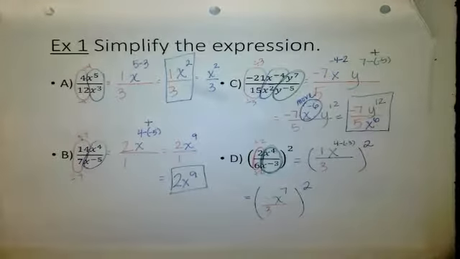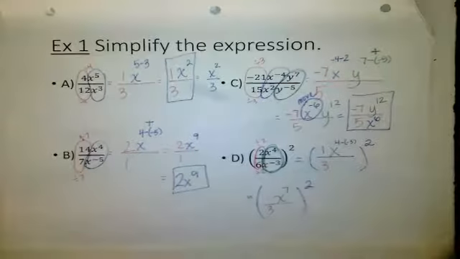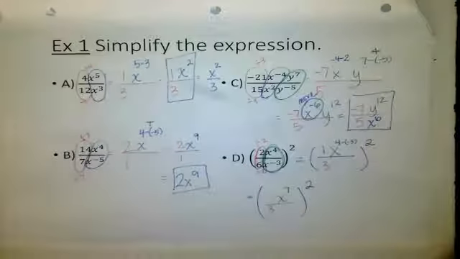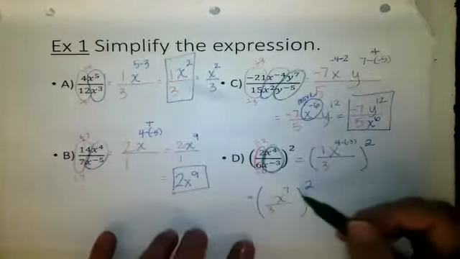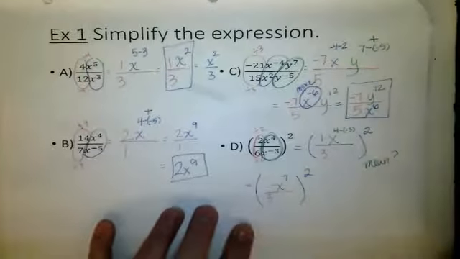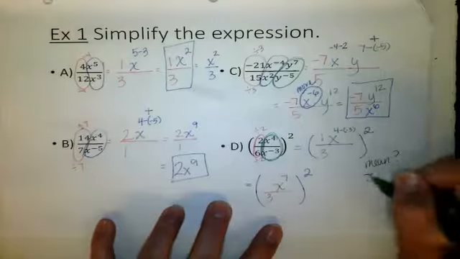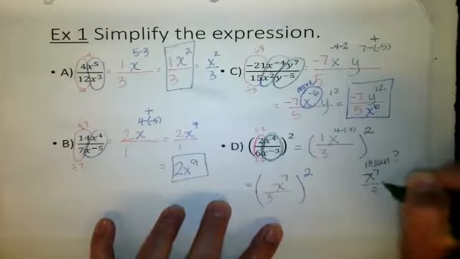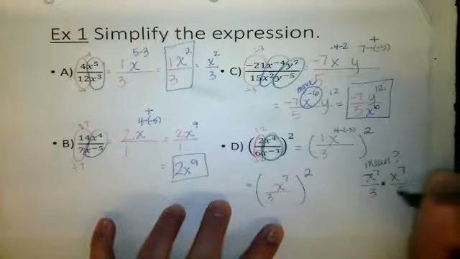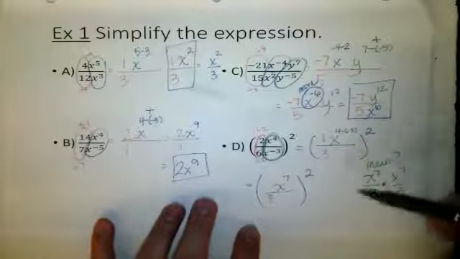Now that we've cleaned up everything we can inside the parentheses, now I'm going to deal with this power. What does quantity squared really mean? Right now, 2 times. So we would have x to the 7th over 3 times x to the 7th over 3. So if you want to, you can always go back to the meaning of powers.